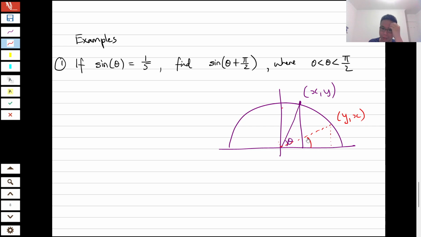And this angle here is pi on 2 minus theta. And then what I want to do is add pi on 2.